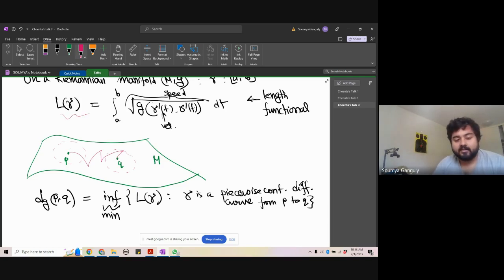Obviously, you have to calculate this part and then this part and then this part and add them together. However, you take all such lengths of all the curves that join P to Q and take their minimum.